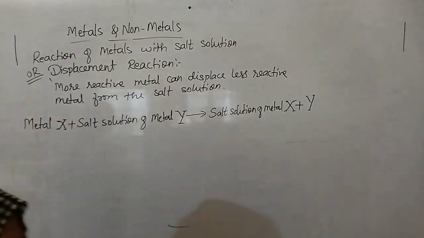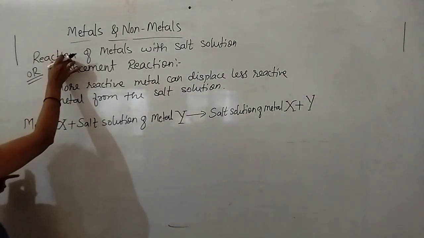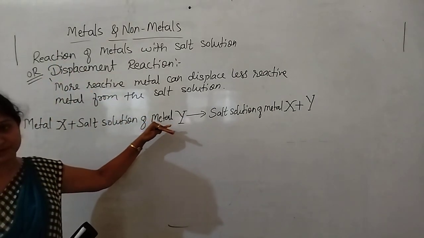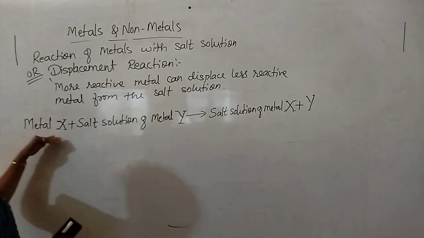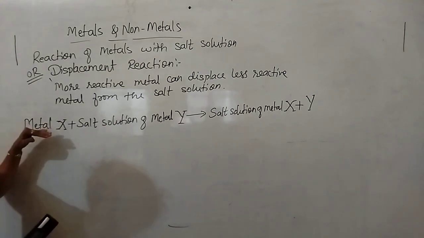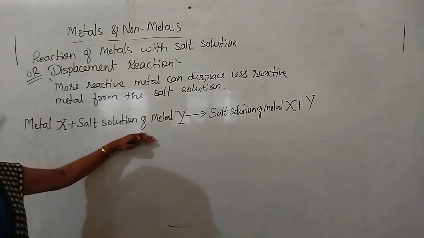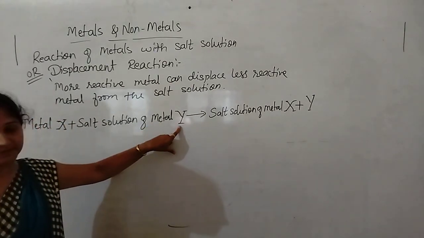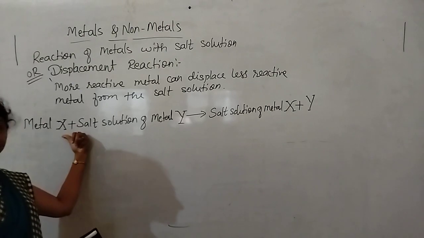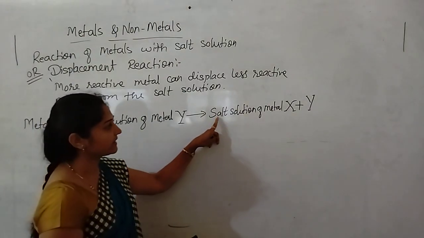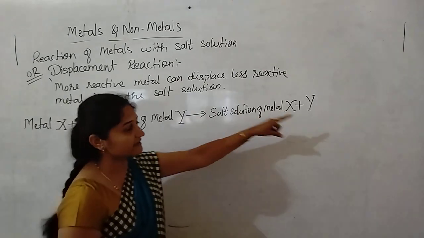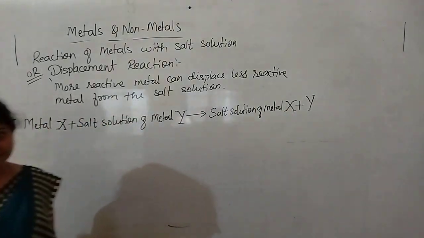So this is the general formula for when metals react with the salt solution of a metal. Look here: when the metal X reacts with the salt solution of metal Y, Y is replaced by X, giving the salt solution of metal X, and the metal Y is formed.